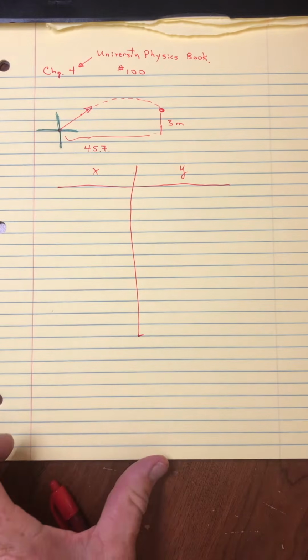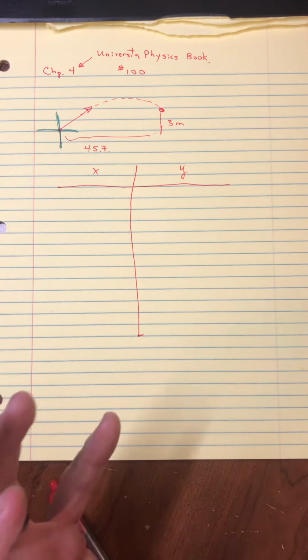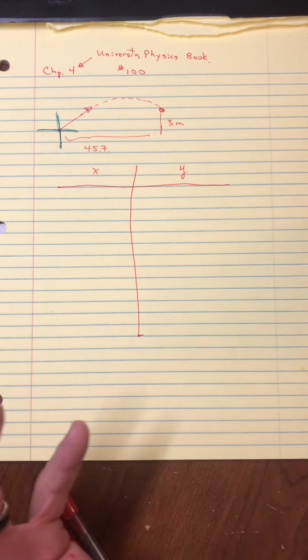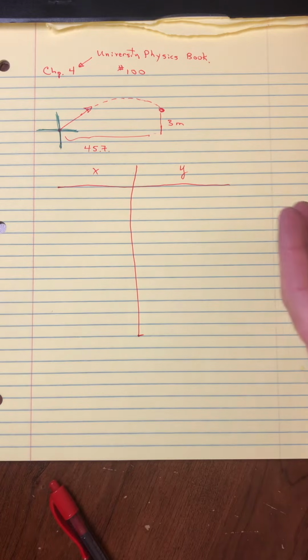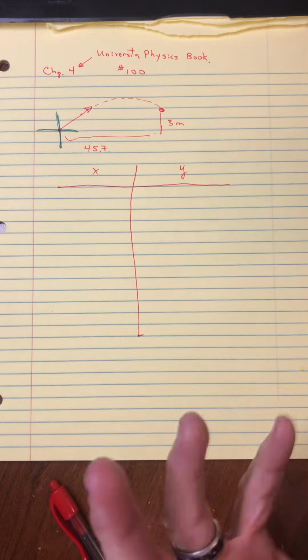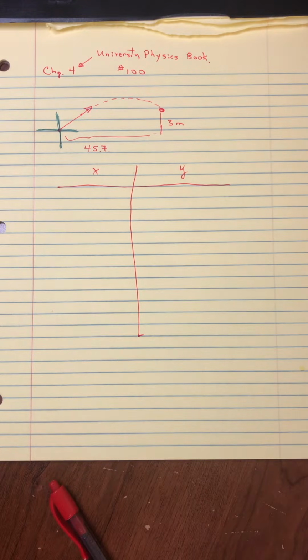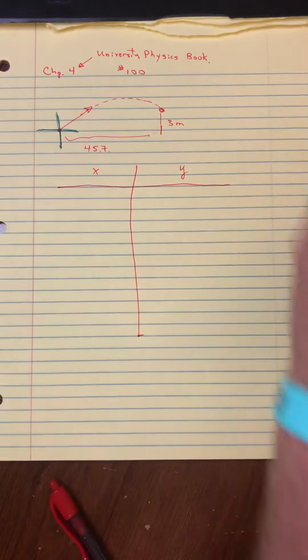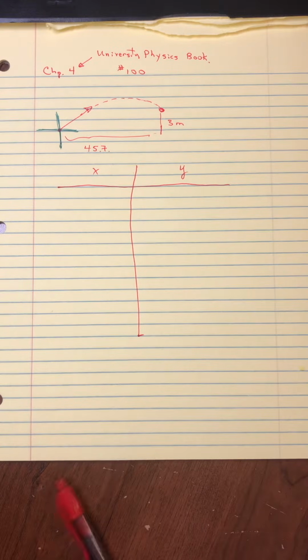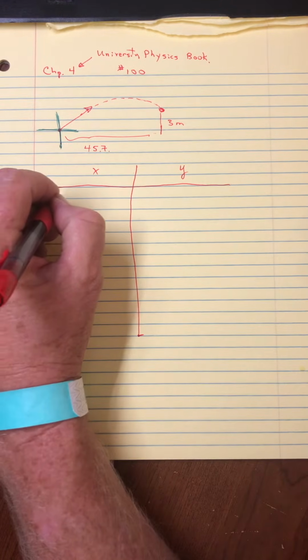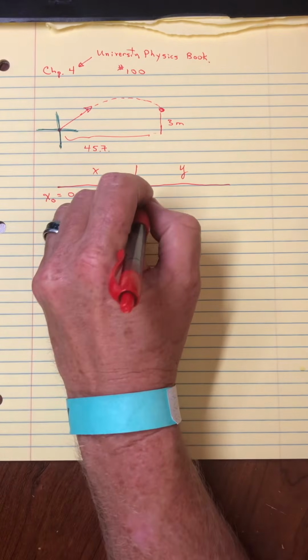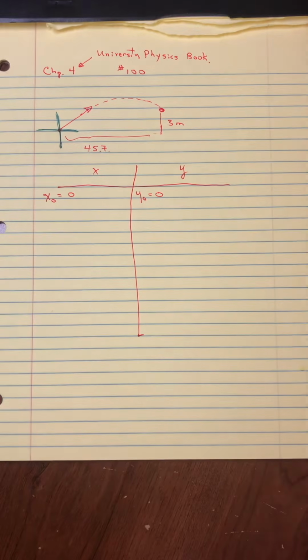One common place is right where the object gets launched, but another place is the ground. Fortunately for this one, those are one and the same, because the field goal ball is placed on the ground, they hold it, and the kicker comes along and kicks it. So the initial position, both X and Y, is 0.